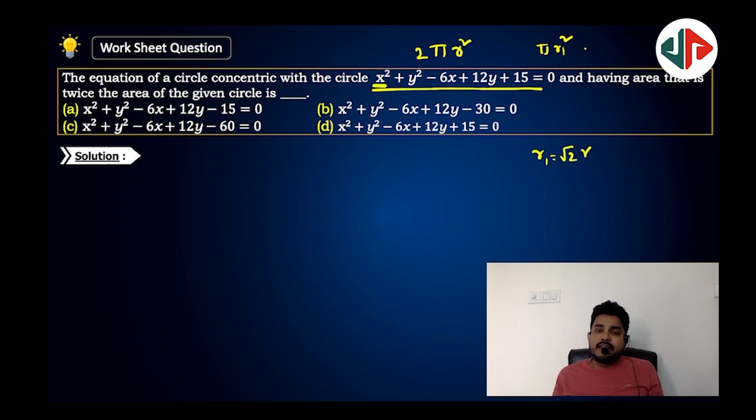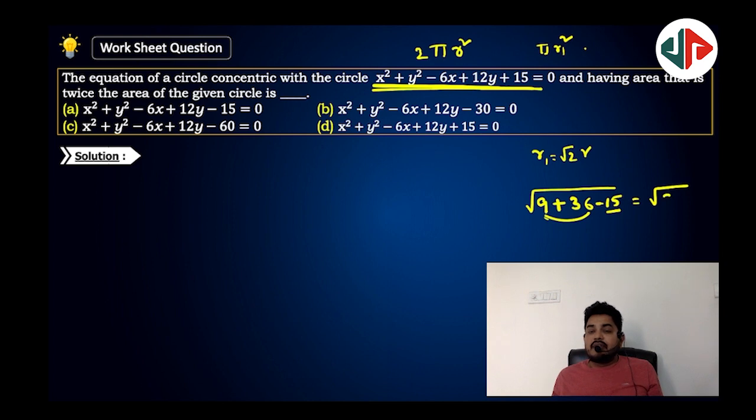What is the radius of this circle? Radius of this circle is root of 9 plus 36 minus 15, which is equal to root 30. I want the circle of radius root 60 concentric with the same.